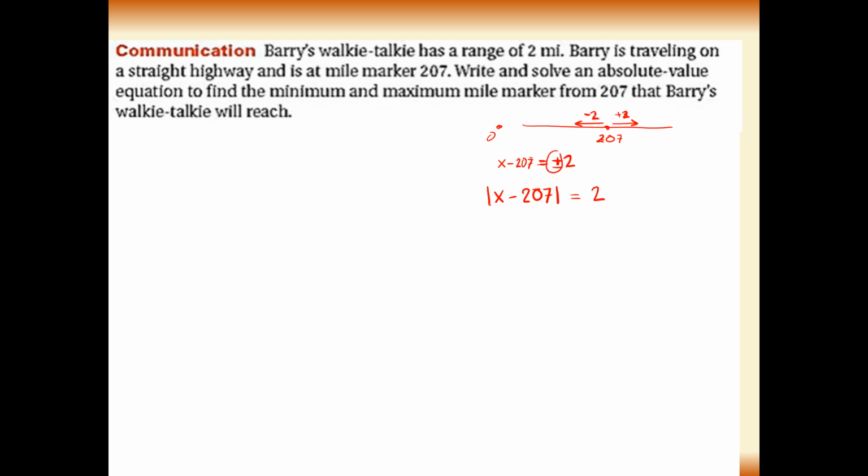Okay, to remove these plus and minuses, you put the absolute value sign or the modulus function on x minus 207. So that's the result that you get. Okay, so let's look at the next example with graphs.